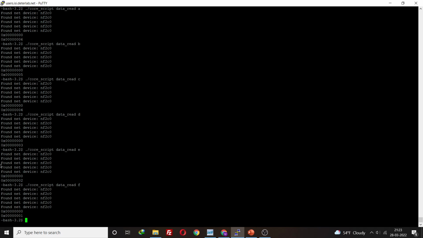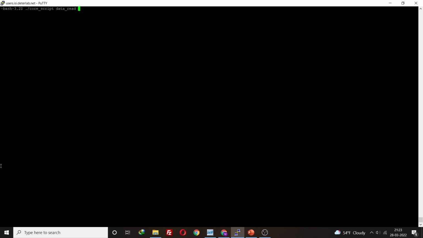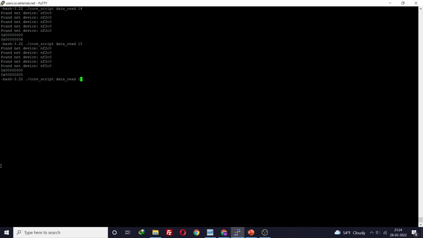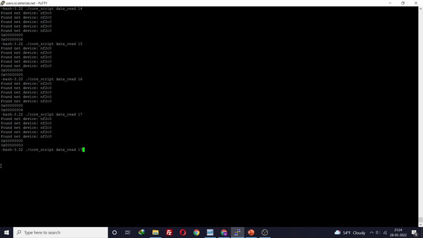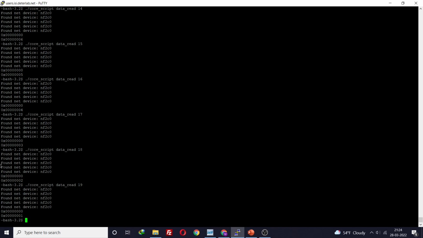Similarly, addresses A to F, that is 10 to 15, also have 6, 5, 4, 3, 2, 1. Also 14 through 19, that is decimal values 20 to 25, also have 6 to 1.